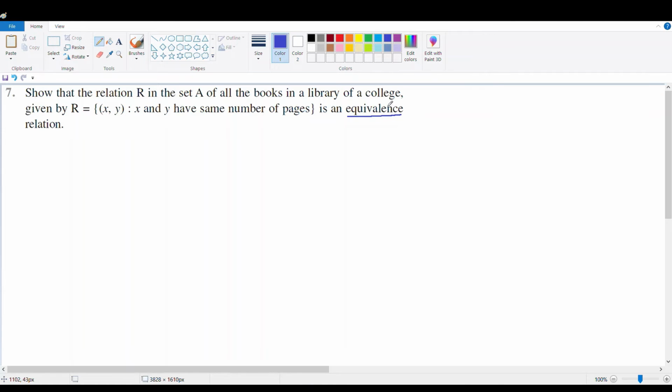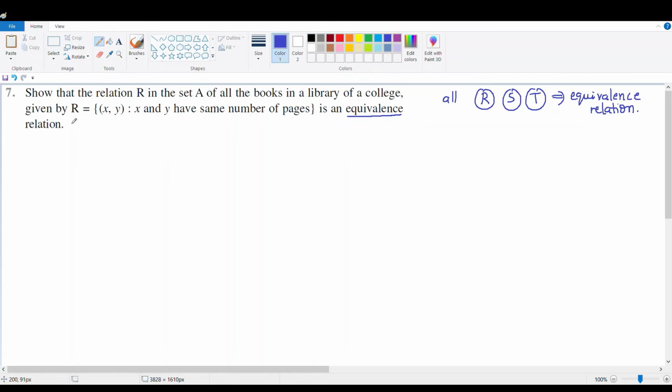When a relation is all three, reflexive, symmetric and transitive, that means it is an equivalence relation. Since we need to show that this is an equivalence relation, this relation, whatever you are given, must be reflexive, symmetric, and transitive. We just need to show that.